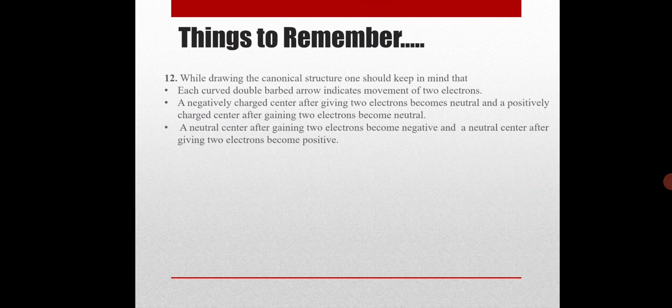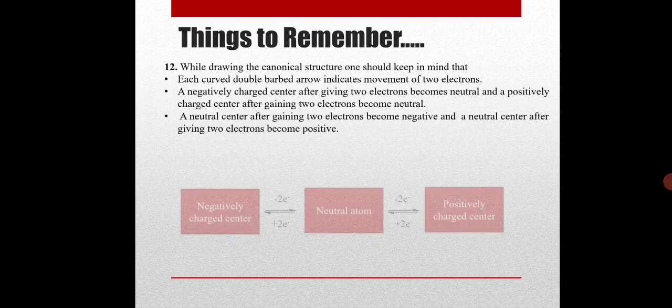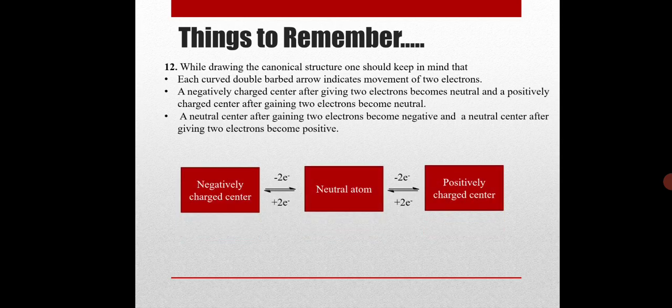Now this is the last point which you should remember. While drawing the canonical structure, one should keep in mind that each curved double-barbed arrow indicates movement of 2 electrons.